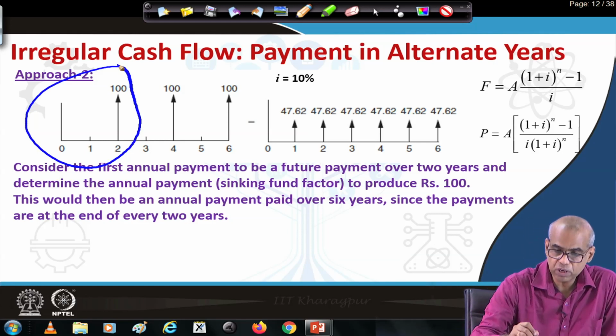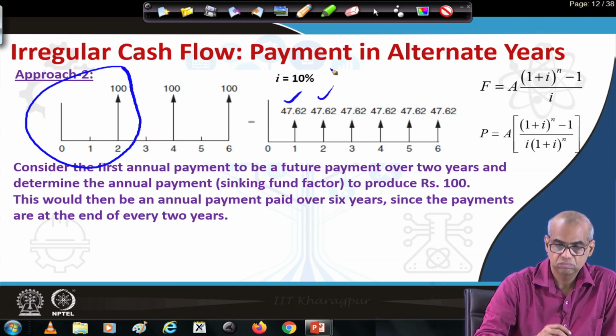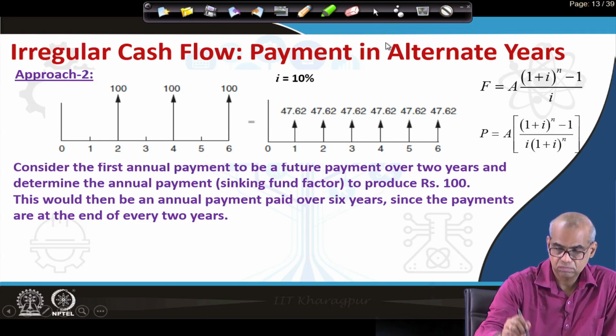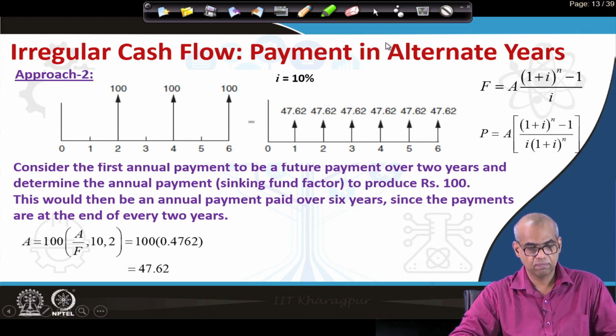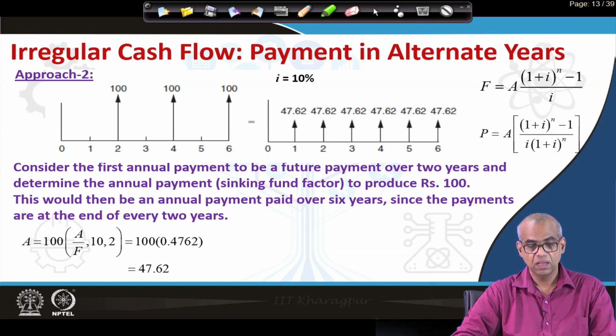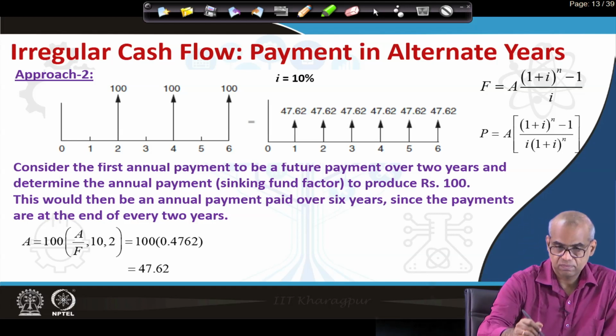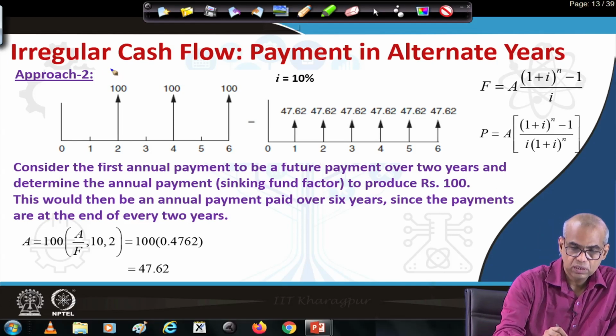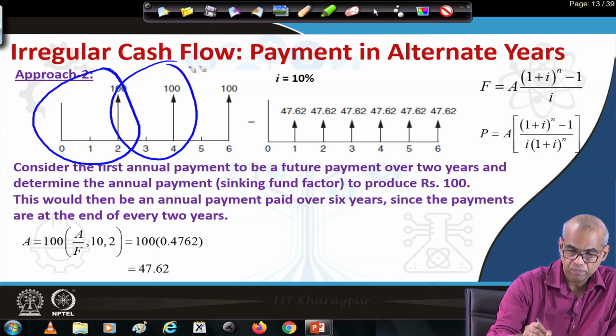That amount happens to be 47.62. So, this 47.62 will be an annual payment paid over the entire 6 years, because the payments are at the end of every 2 years. So, every 2 years can be analyzed the same way.